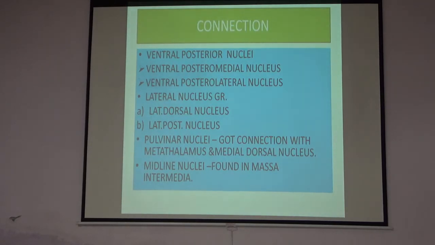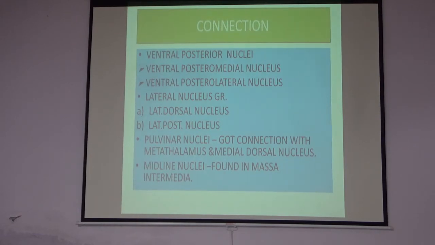Then we have the lateral nuclear group that includes the lateral dorsal nucleus, which has an afferent from the precentral cortex and efferent to the precingulate cortex, while the lateral posterior nucleus has an afferent from the superior parietal lobule, that is area 5 and 7, and efferent to the superior parietal lobule itself. And then we have the pulvinar nuclei, which has connections with the metathalamus and medial dorsal nucleus.